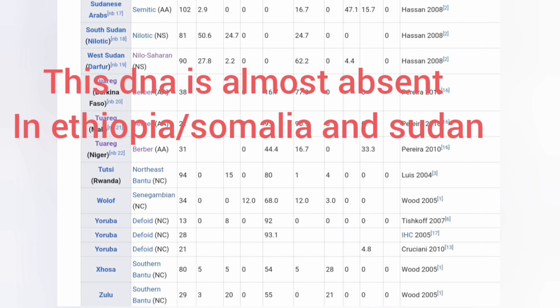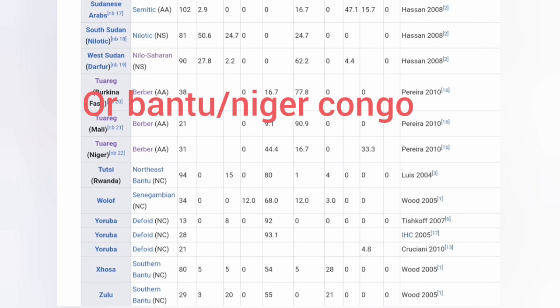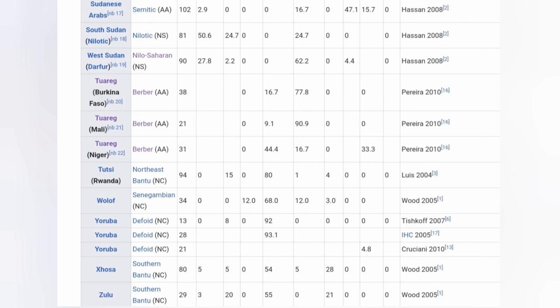What we do know is that, as you saw, Asia, Europe, and other places, oh, yeah, East Africa, they have 0% of this DNA unless they're mixed with Bantu people or Niger Congolese people.